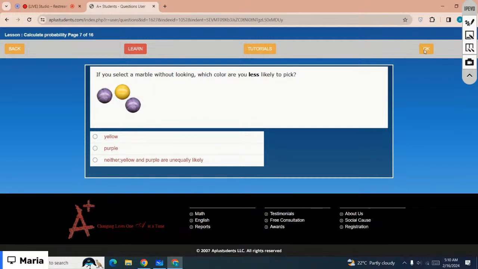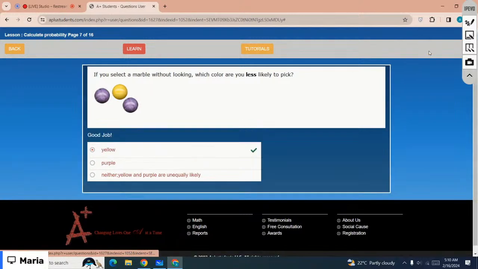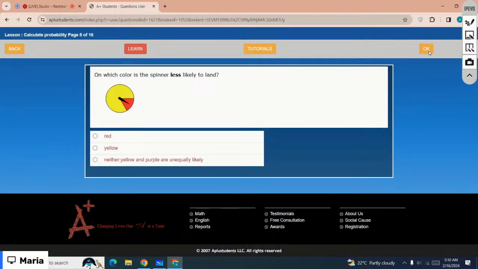The correct option is yellow. The next one is: on which color is the spinner less likely to land? Which is the correct option?